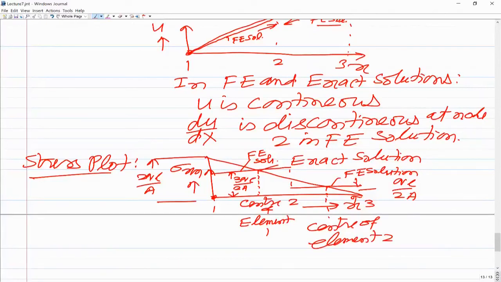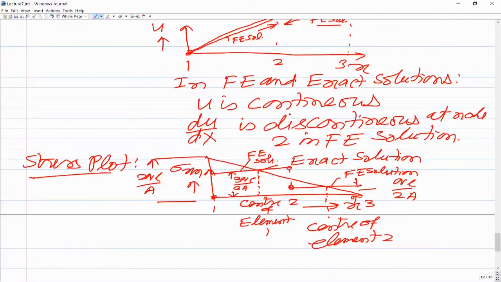If you look at node 2, I already said there is a discontinuity in du by dx from the FE solution. At node 2, element 1 is giving you the stress as 3ql upon 2a, whereas element 2 is giving you the stress value at the same location, node number 2, as ql upon 2a.